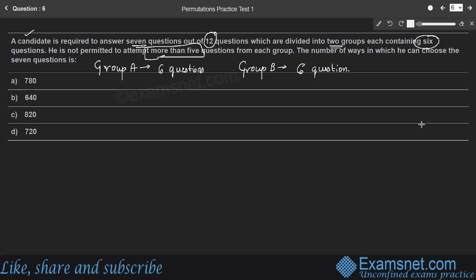Therefore, we'll consider group A. The candidate can attempt 5 questions from group A, or he can attempt 4 questions, or 3 questions, or 2 questions.